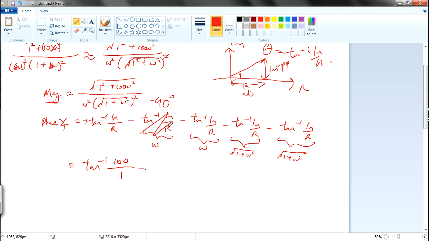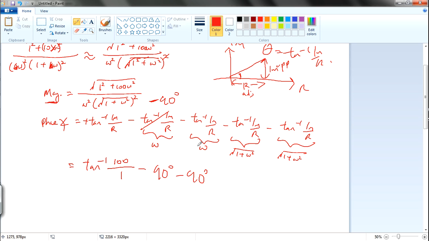Tangent inverse of anything divided by 0 is infinity, so tangent inverse of a very large number is actually 90 degrees. But since this is a pole, it contributes a negative. Same as this, because they're the same.